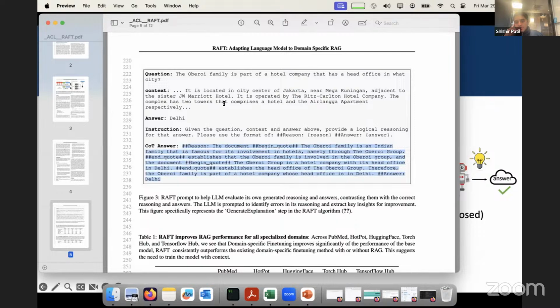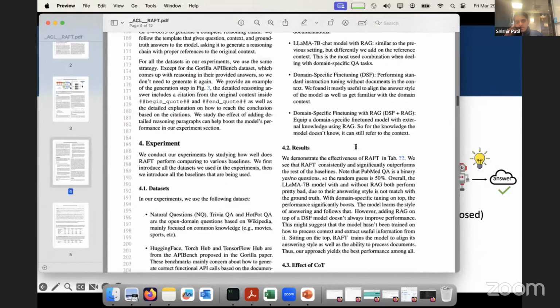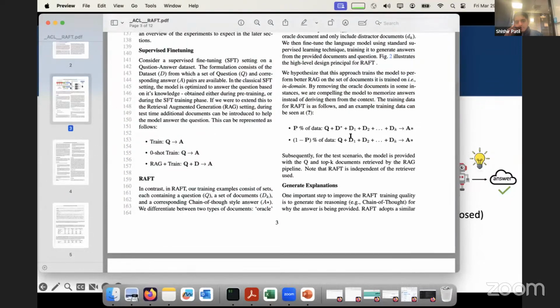And keep in mind, even over here, there are distractor documents. So you're trying to give the LLM the question plus the oracle document and the distractor documents, and you want the LLM to come up with the answer for 80% of the data set.